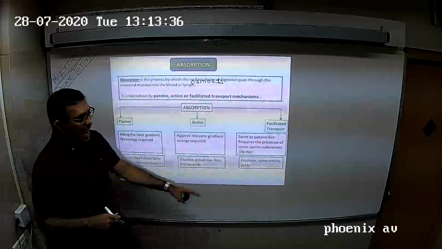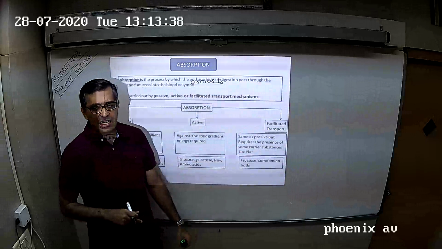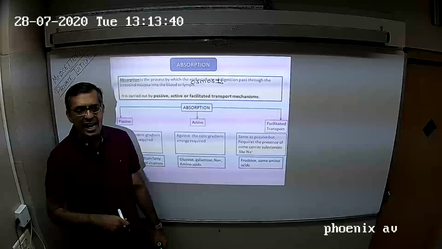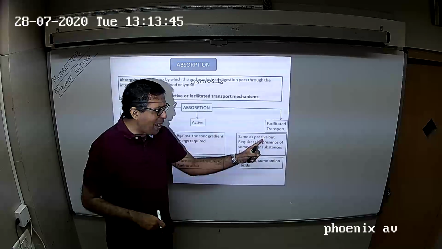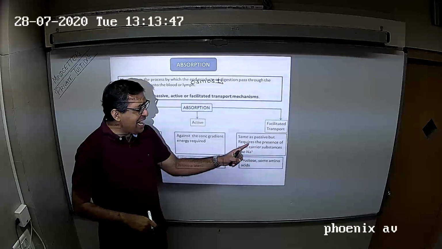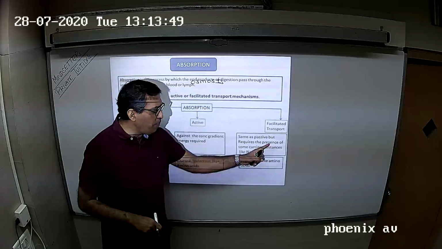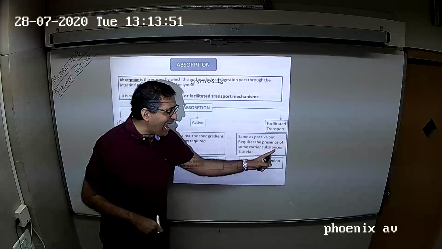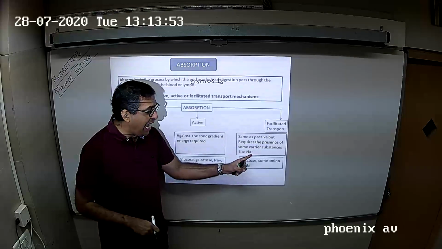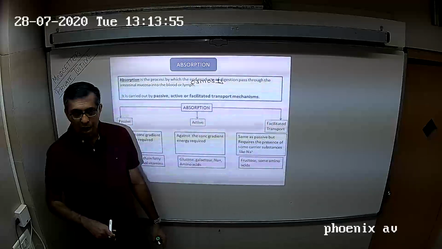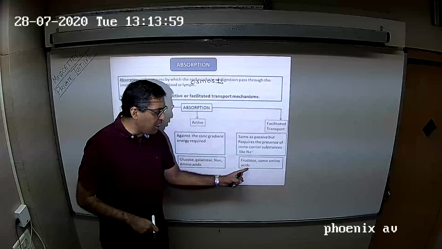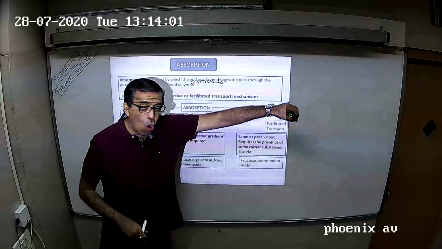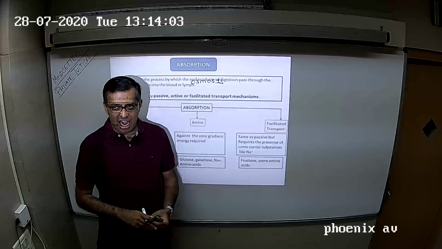And then we have facilitated transport. Beautiful point. Facilitated transport is the same as passive, but it requires the presence of some carrier substances like sodium. Fructose and some amino acids undergo facilitated transport.